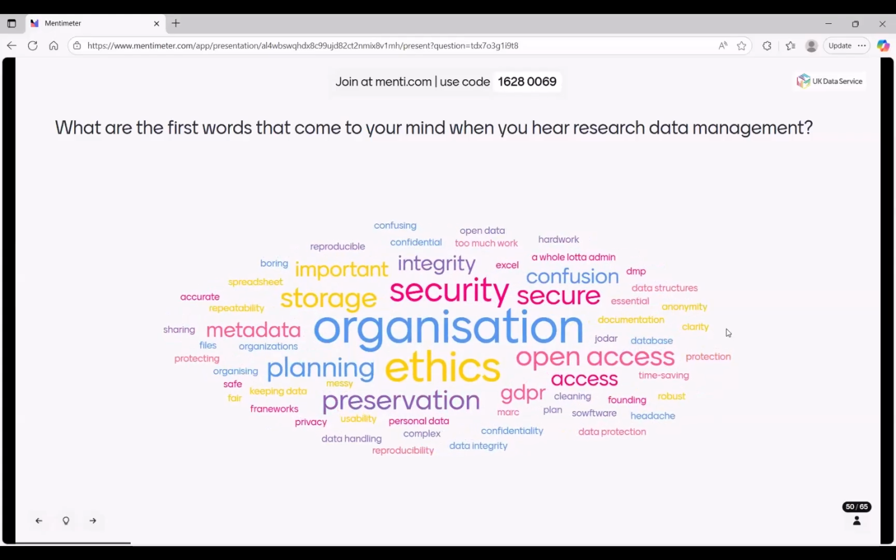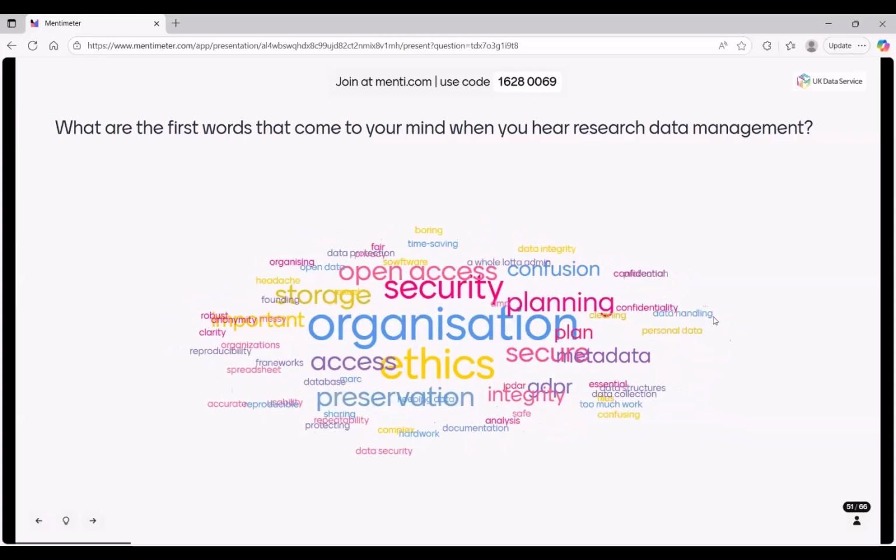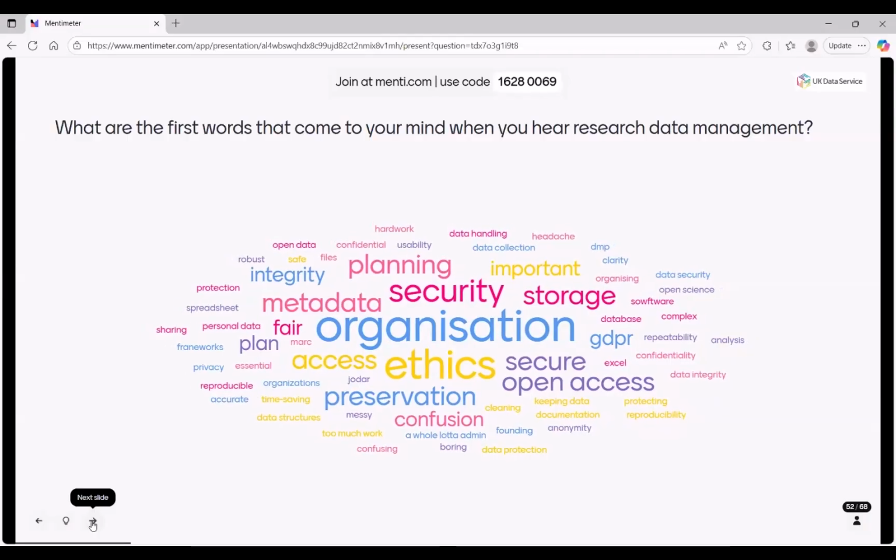Boring. Yeah, it is, for some people. Hard work, yes, it is, because most of the funders these days expect you to share your research data if you are funded. It is hard work preparing and cleaning data.